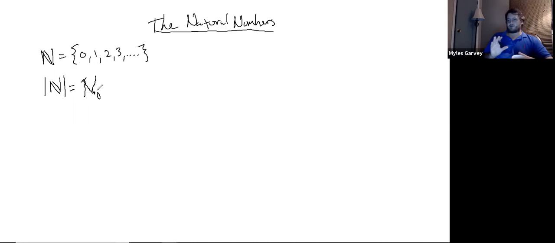And all it represents is just a designation for the size of the natural numbers, since we don't really know what that size is. Yes, we could say infinity, but that's really going to cause a lot of confusion here in a few moments. Now, here's some really trippy stuff that we're going to be talking about.